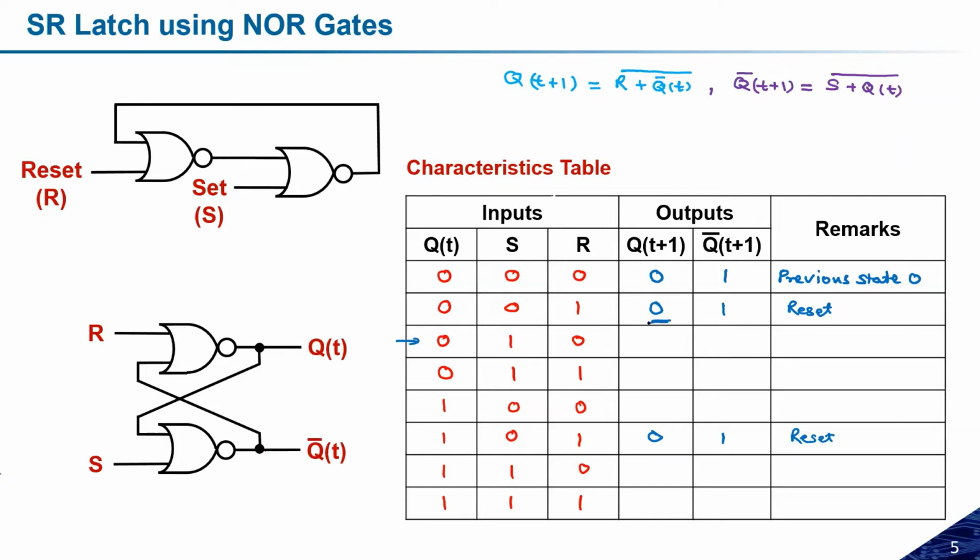No, sir, in the second case, Qt plus 1 bar. Here, yes, sir. Its complement should be 0, because S is 0 and Qt is 1. So I will explain this later on. Just let me finish these things and then I will explain. If you can see here, Qt is equal to 1.